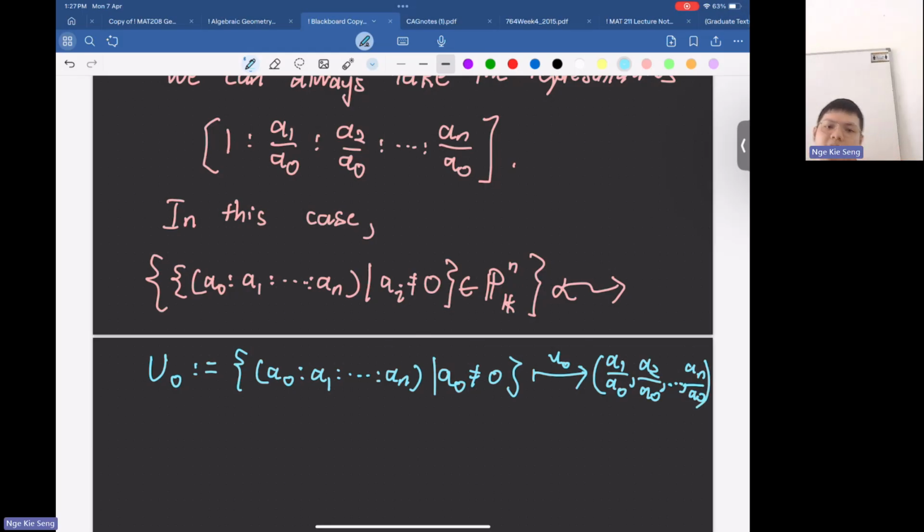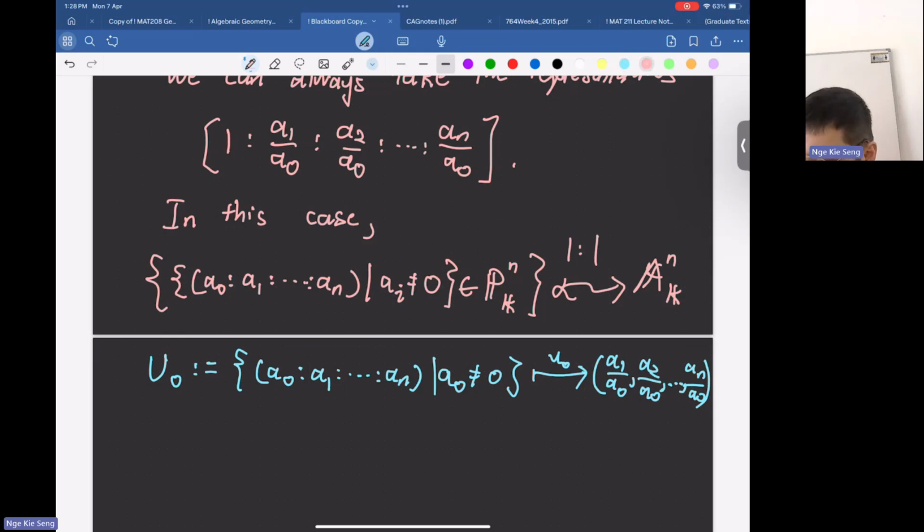Where does this point live? These are n-tuples, so they live in affine n-space. You can check that there's a one-to-one correspondence here.